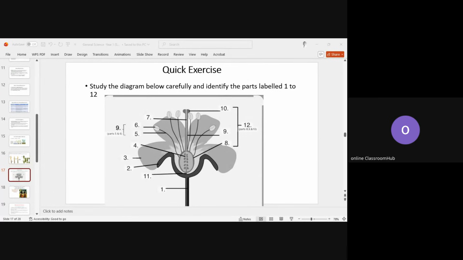The last time we said flower is the reproductive part of a plant. And so we look at the male reproductive part of the plant, which is in the flower, the female reproductive part, and then the other supporting part. So it's very simple. You can label this out. So quickly.